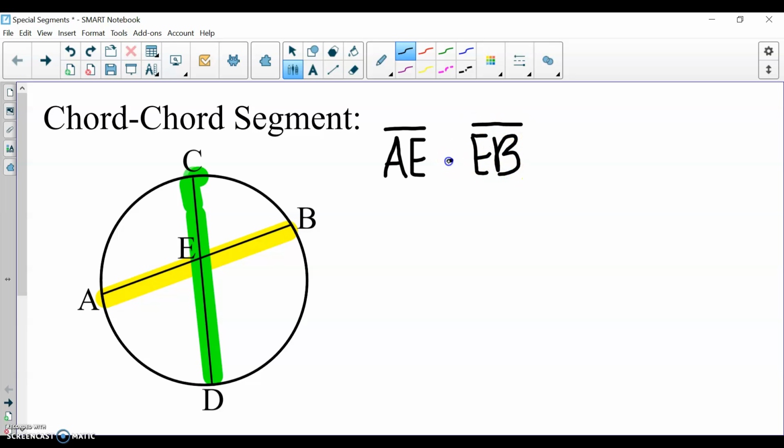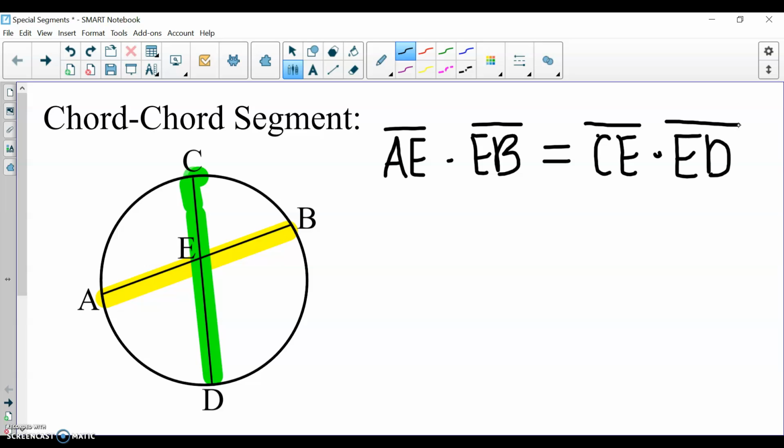So if we multiply those two parts together, that has to be equal to the product of the two segments that make up the other chord. So on chord CD, that's made from segment CE and ED.